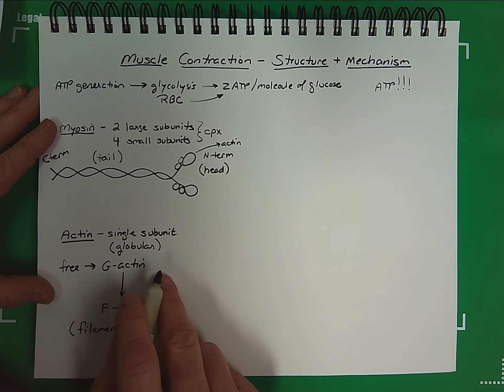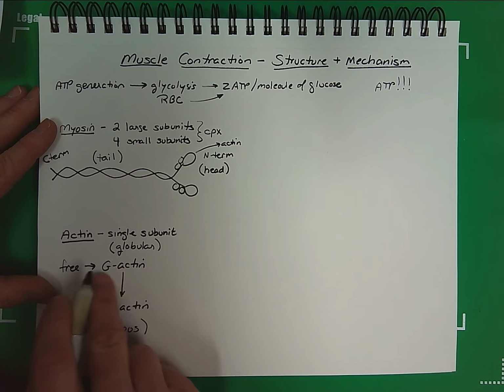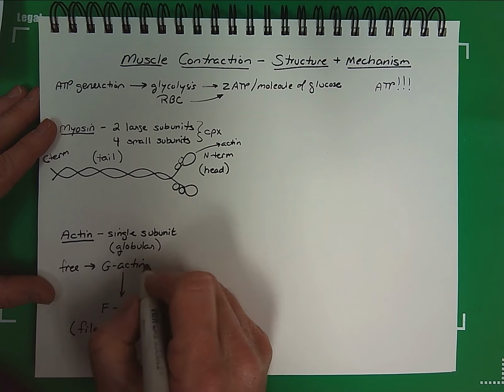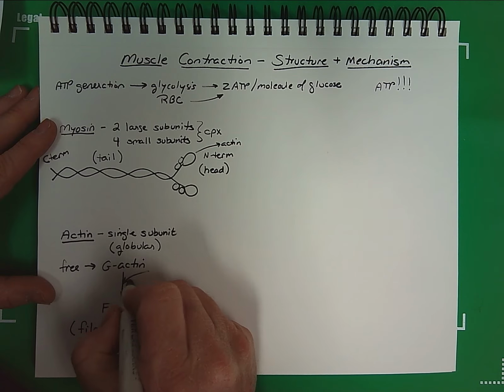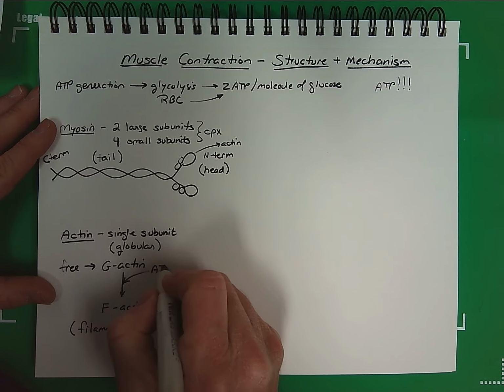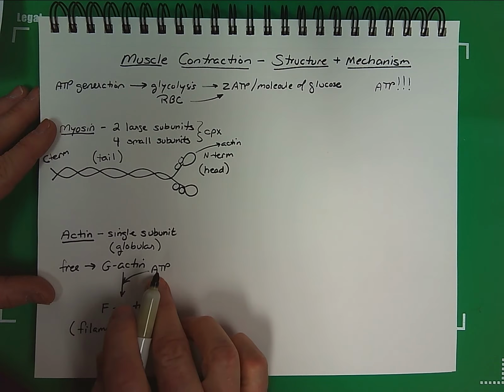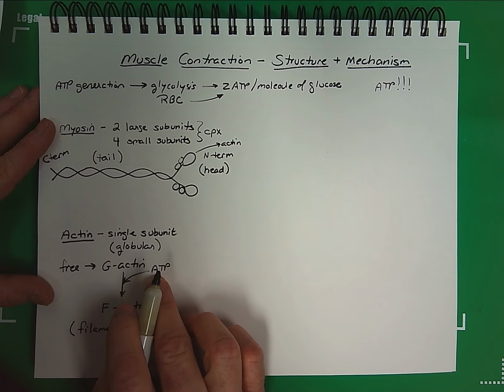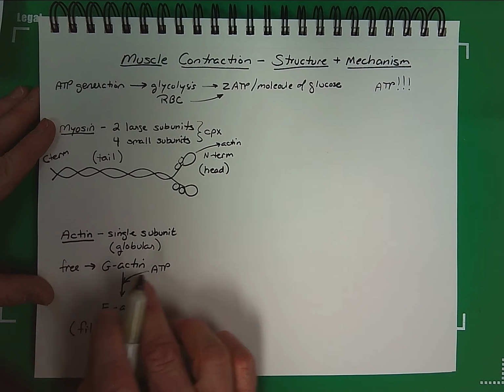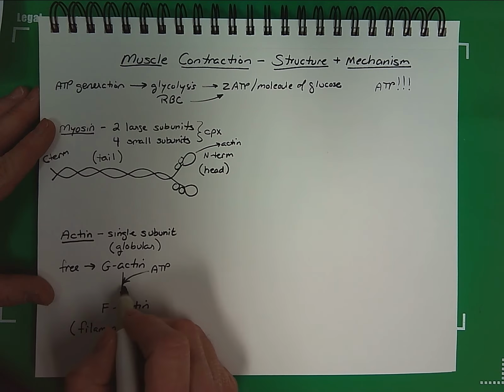Now, in this process, the G-actin itself will bind ATP. So here's one of our first steps of using ATP in muscle, is just establishing the contractile element. So G-actin binds ATP.